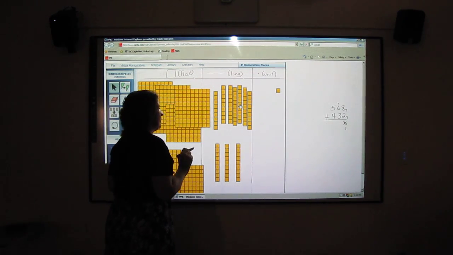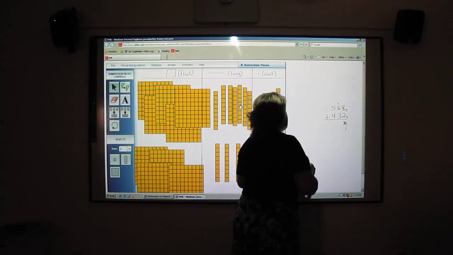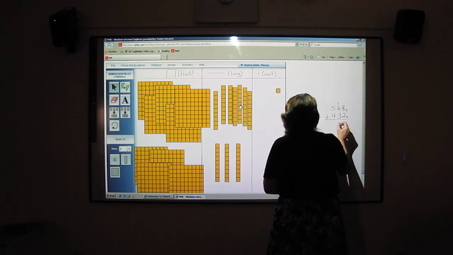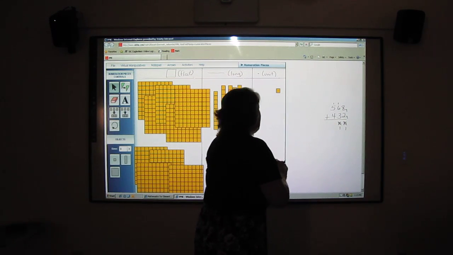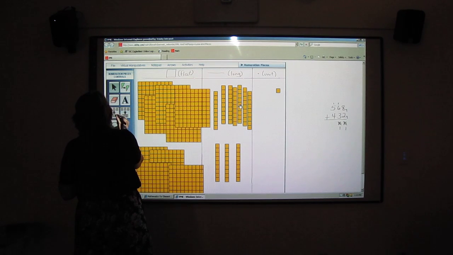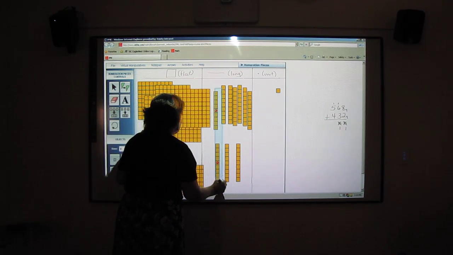This one moved over here. Now I have 6 plus 3 plus 1, or 6 plus 3 is 9, plus 1 is 10 there. But I have to trade in 9 of them, which means I'm going to have 1 left there, and I'm going to get 1 more in this column. Hopefully we have the right number there, and this will actually do what it's supposed to do this time.